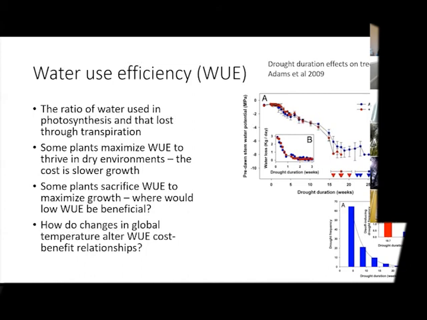And in general, the lower the water use efficiency, the faster the maximum rate of growth an individual tree, or any plant, will have. So especially in drought-prone environments, water use efficiency is a way of talking about the trade-off of being able to grow rapidly when water is not limiting versus how fast you can grow when water is limiting.